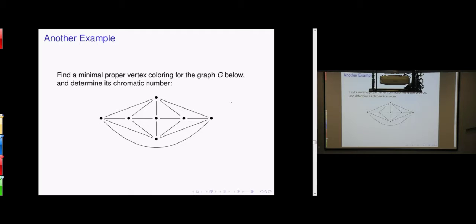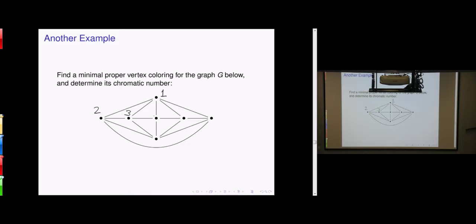Now, another example. Find the minimum proper vertex coloring for this graph G below and determine its chromatic number. Should we try? Okay, so we have to start from somewhere. So this is 1. And then, I don't know, we try 2 here. Now there's a triangle, so I have to use 3.